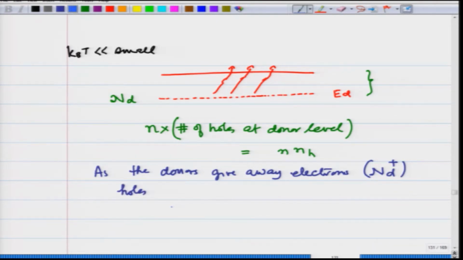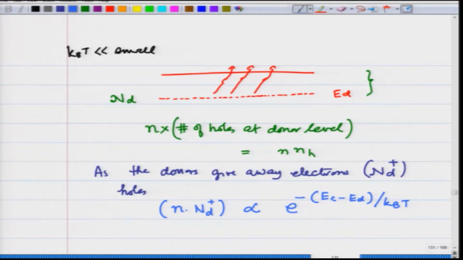So, I am going to have the number of electrons times the number of holes proportional to e raised to minus, now the energy gap that I am going to have is E conduction minus E d over KBT.